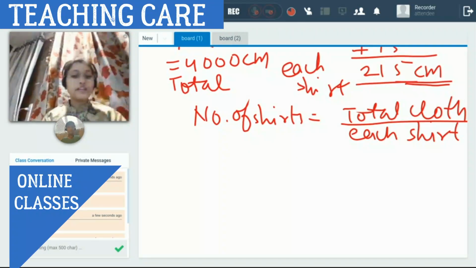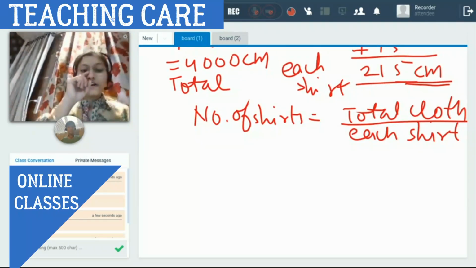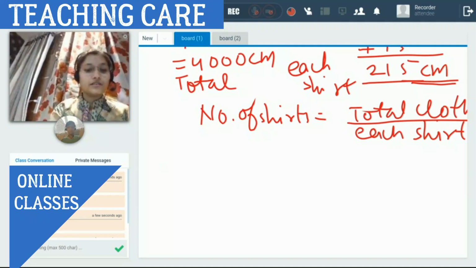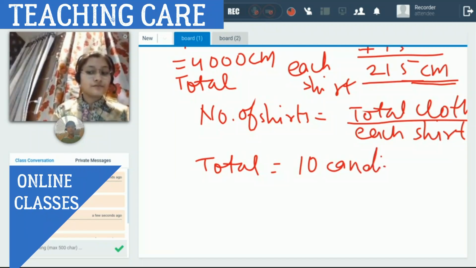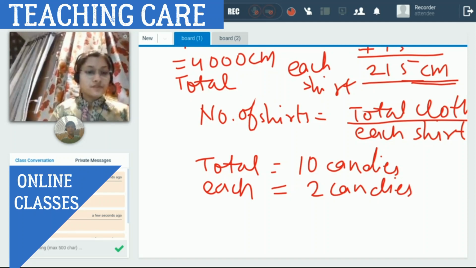See, I give you a small example. If you are having in total 10 candles with you, to each child you give 2 candles. Now we have to find out how many children get the candles. 5.